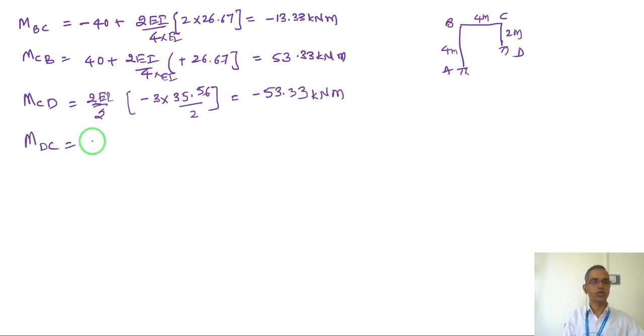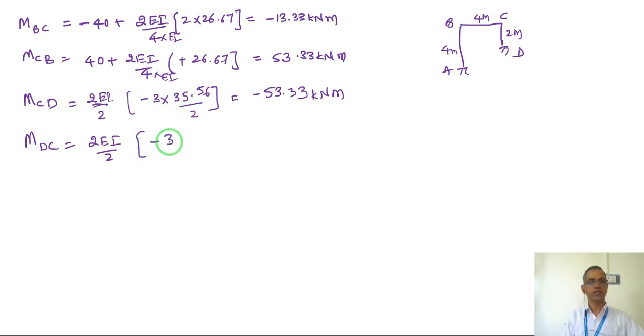MDC is equal to 2EI by 2 times 2 theta C 0, theta C 0, theta D 0.